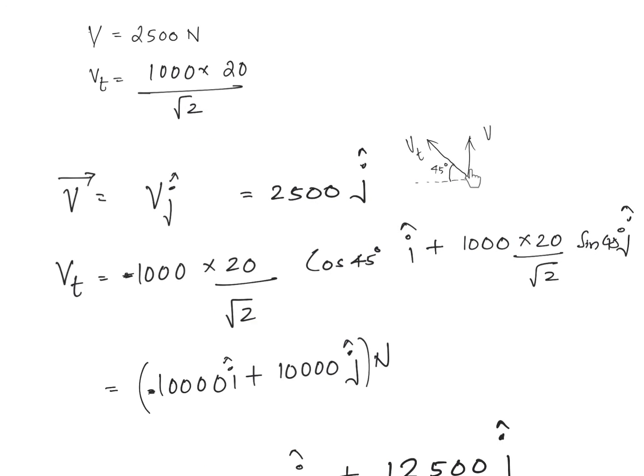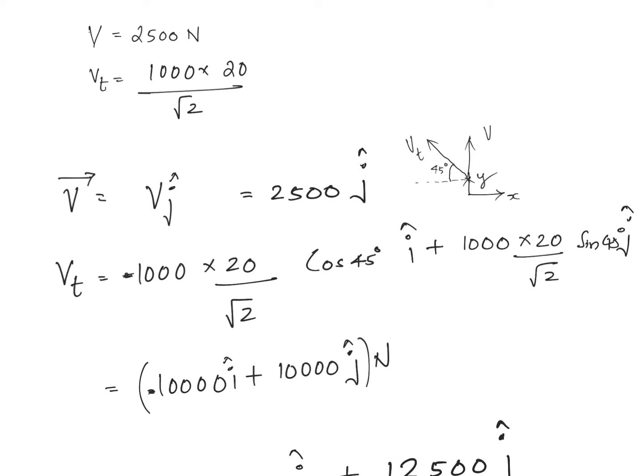So at point B we have one force acting in this direction and then we have Vt acting in this direction. V is fairly easy because we can write it as V j cap, since it is pointing in the positive y direction. If I introduce a coordinate system over here, let's say x is this one and y is in this direction, then V is fairly easy to write.